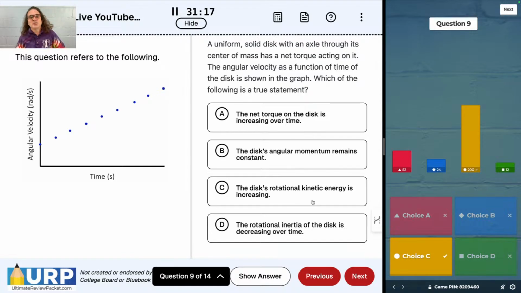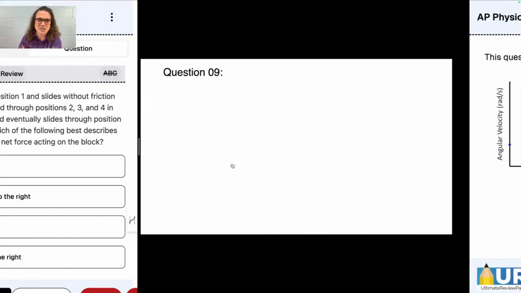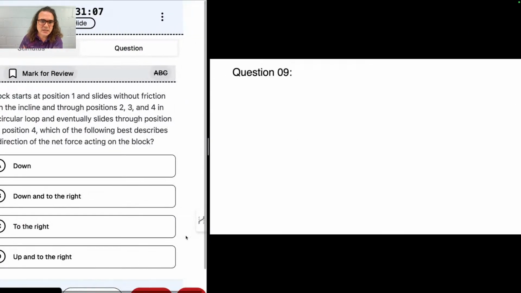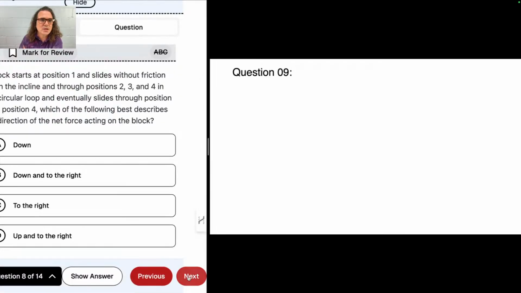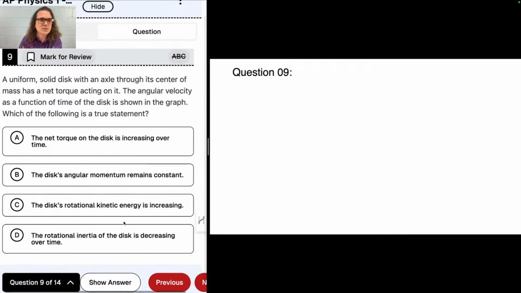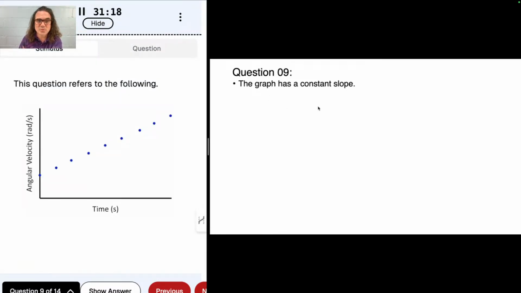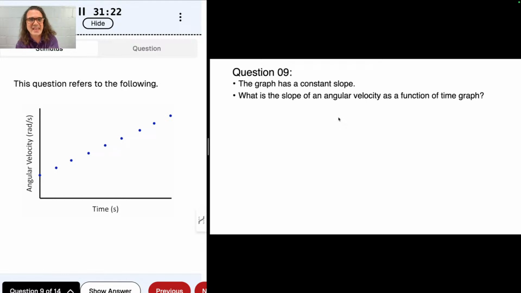All right, here we go. The correct answer is C. Let's figure out why again. So the graph has a constant slope. What is the slope of an angular velocity as a function of time graph?